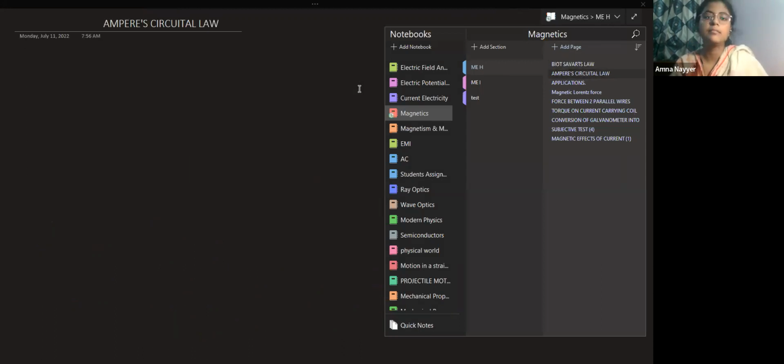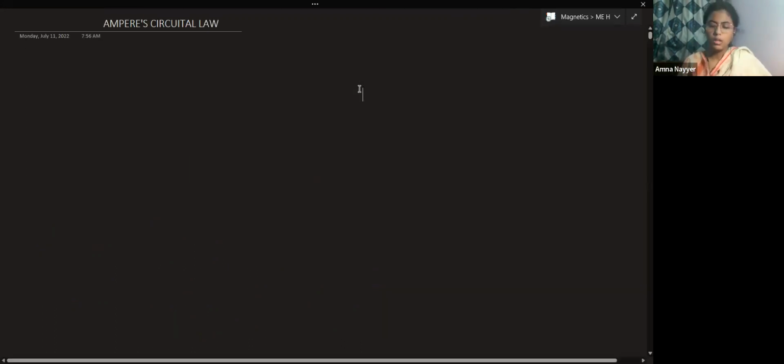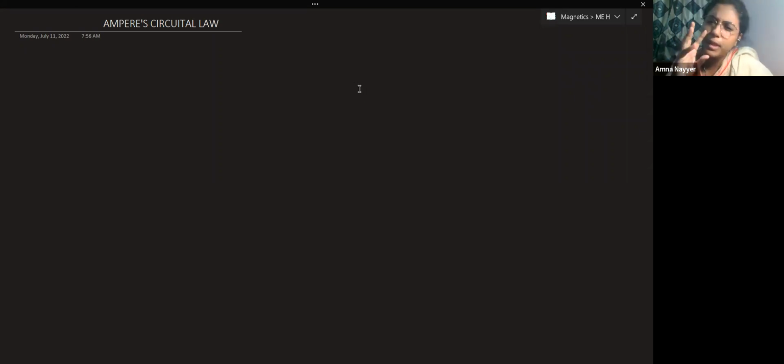Now see, Ampere's Circuital Law. It will be slightly similar to Gauss theorem. Gauss law, you all remember? You must have studied Gauss theorem. Can anyone tell me what Gauss theorem was? Not the exact statement, at least somewhat, and I'll connect it.